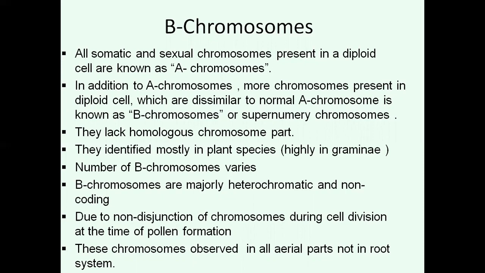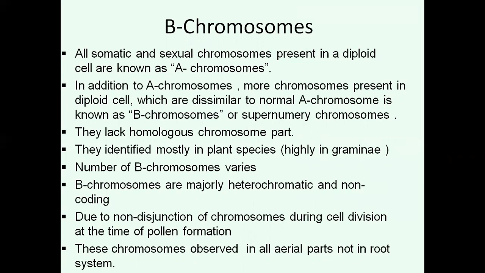These chromosomes are not essential for the plants, and they contain inactive genes and non-coding regions. They arise due to the non-disjunction of chromosomes during cell division at the time of pollen formation.